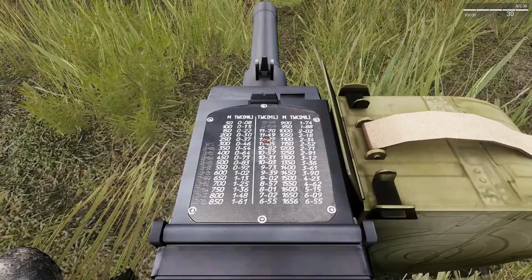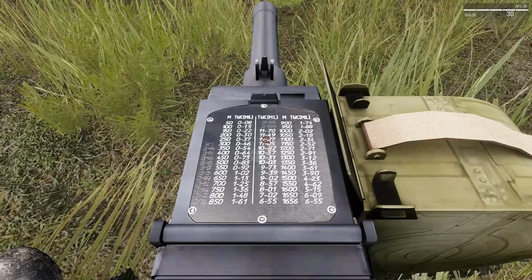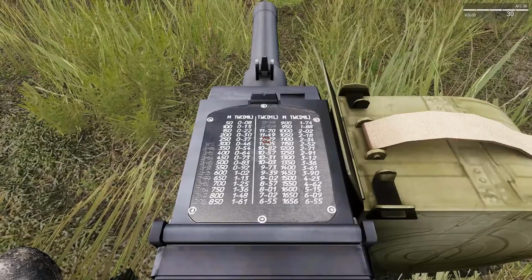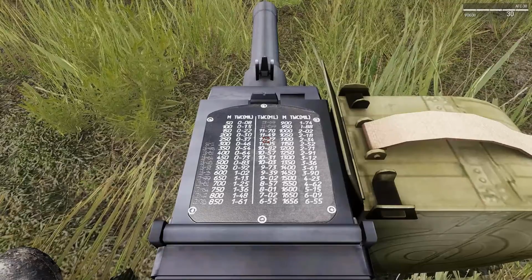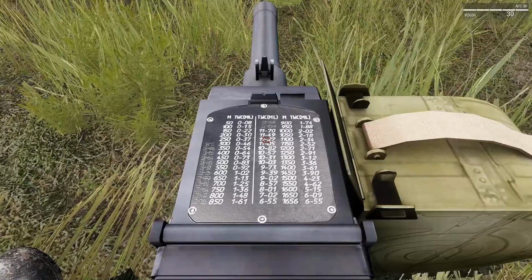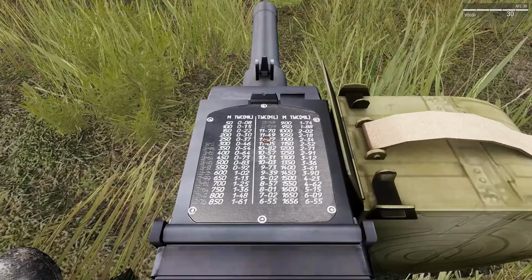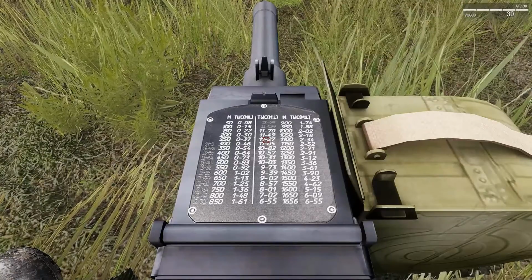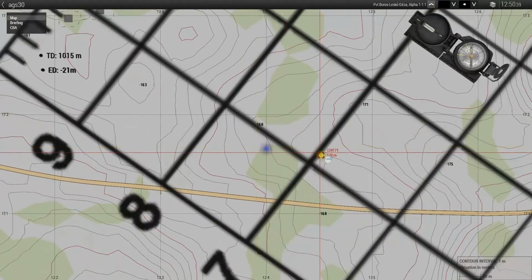What we need to know is how much range change 1 mil gives you, and that is 50 divided by 21, which gives you 2.38 meters. So 1 mil gives you 2.38 meters of range change. Let's put that down.